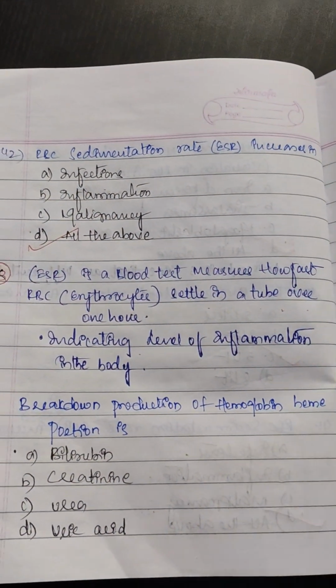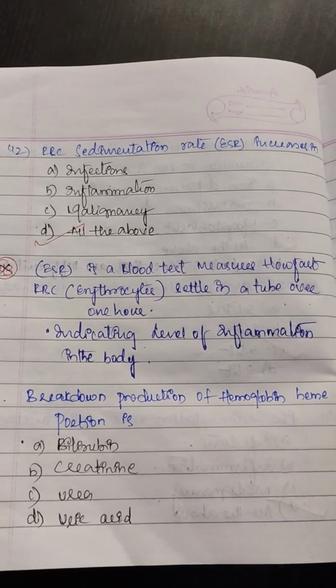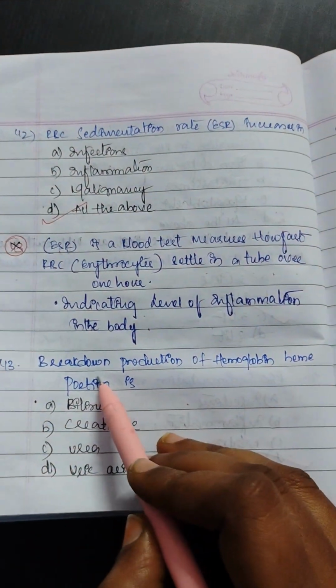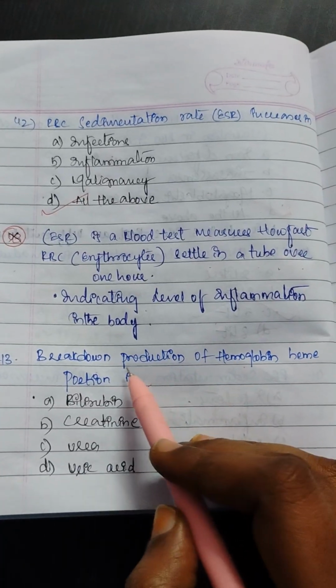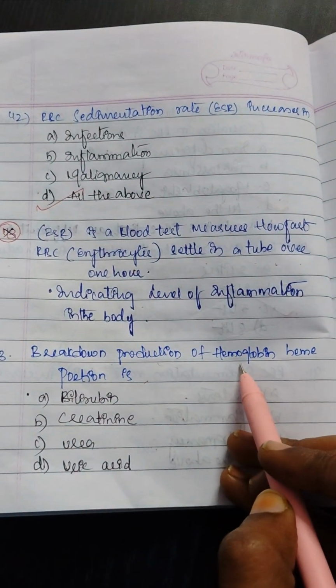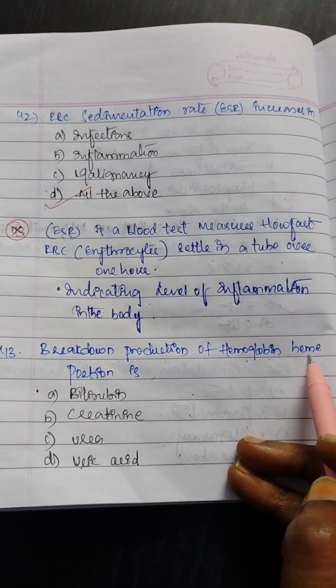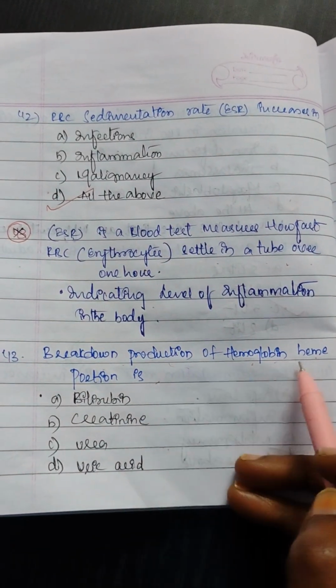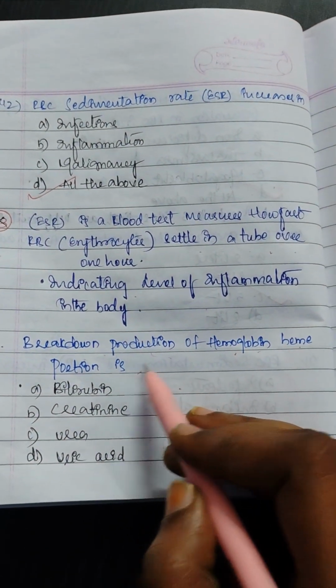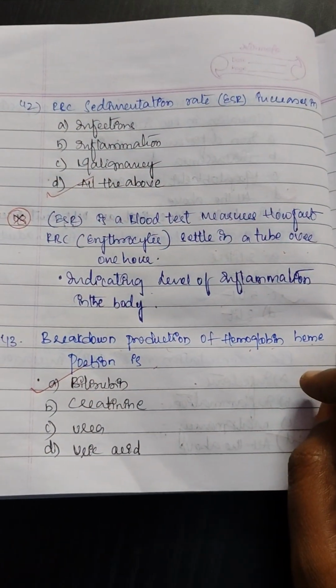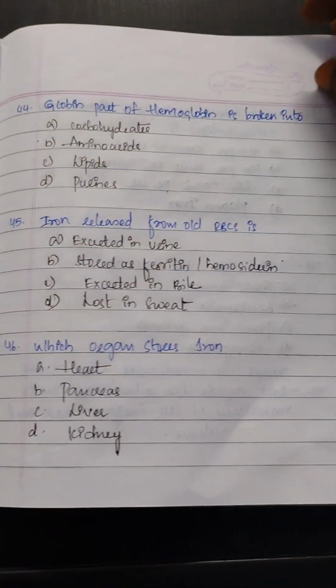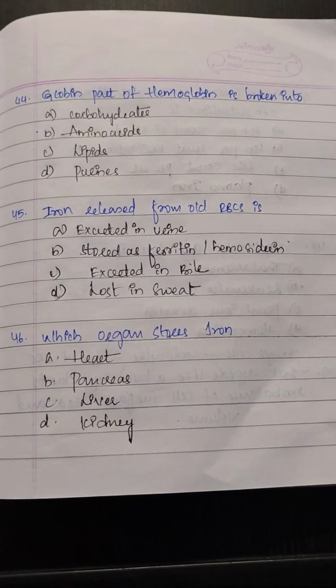The next question: breakdown product of hemoglobin. The heme portion forms into bilirubin.